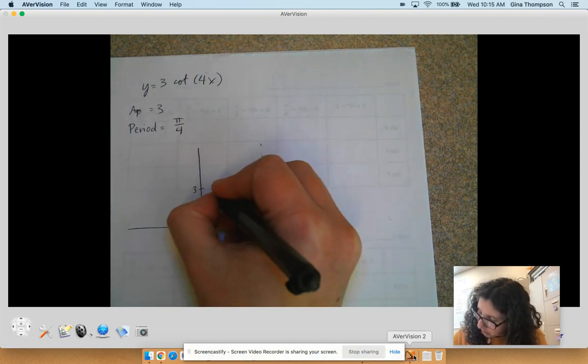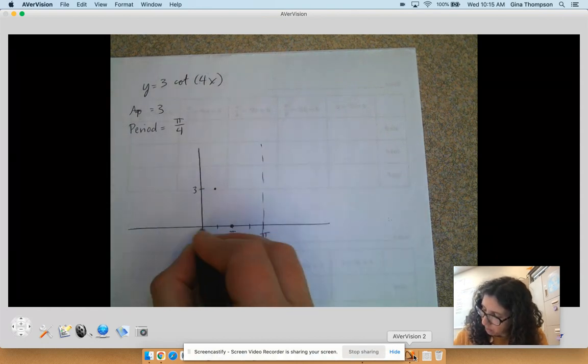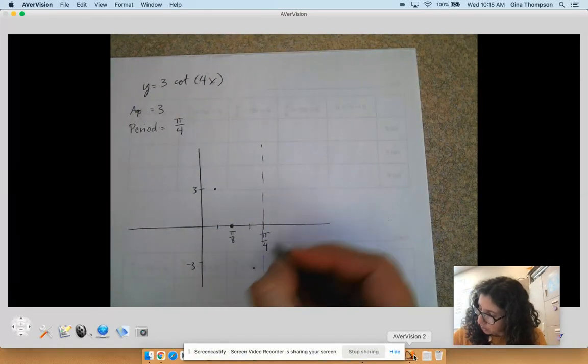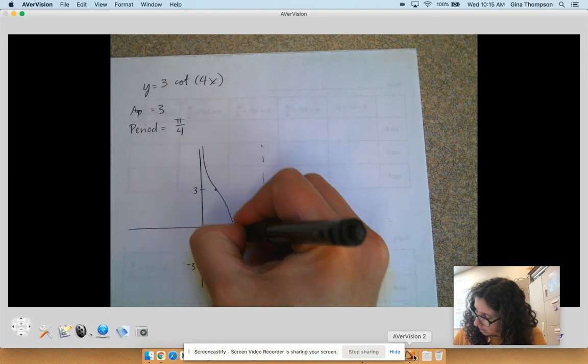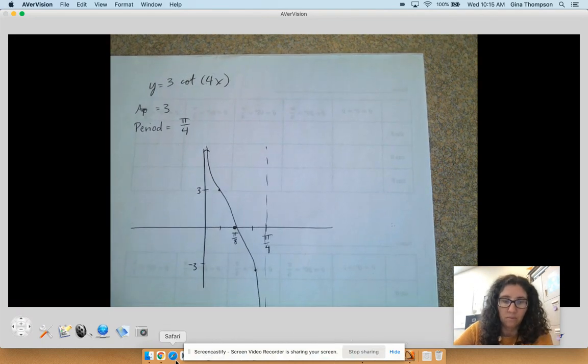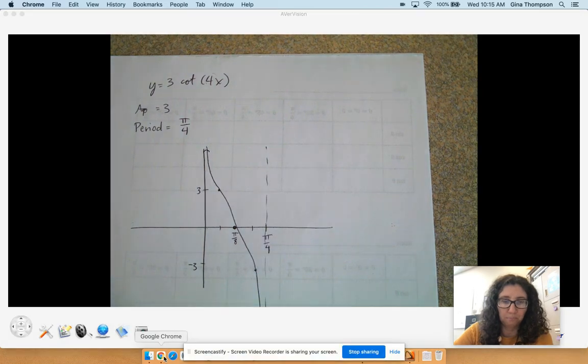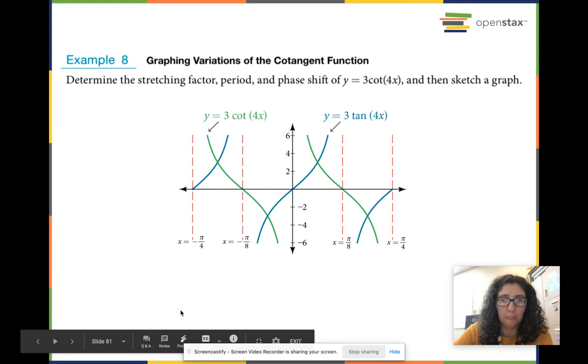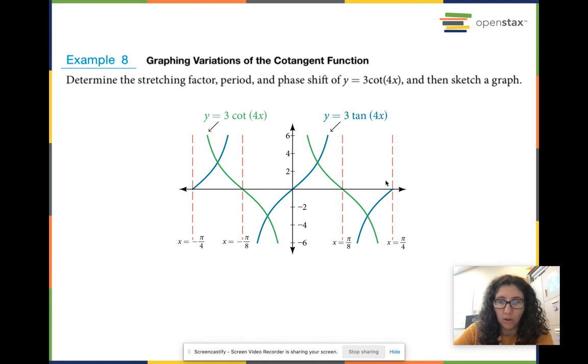So a quarter of the way across the period, we're going to be at 3 and -3, because remember, it starts high and goes low. Let's see if we match. Yep, 0 to pi fourths. Here's halfway through, pi eighths. Starts high, goes low. There we go.